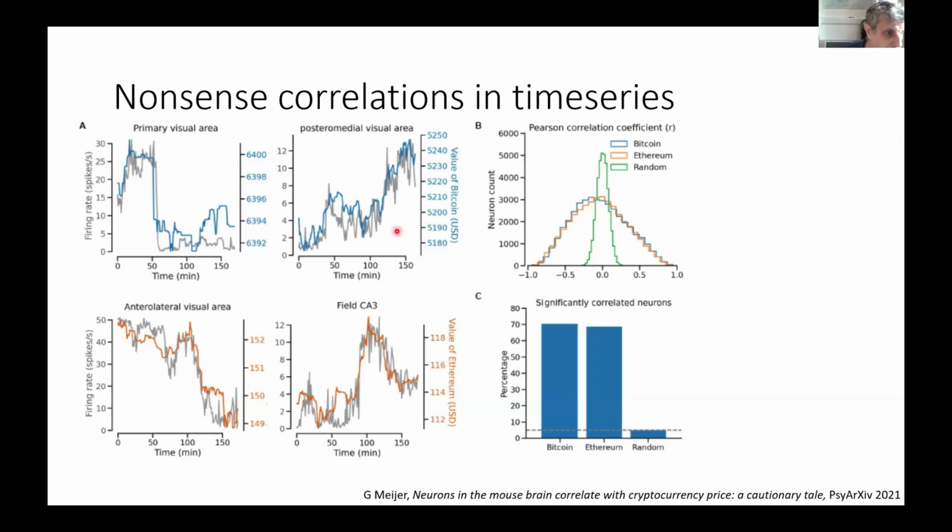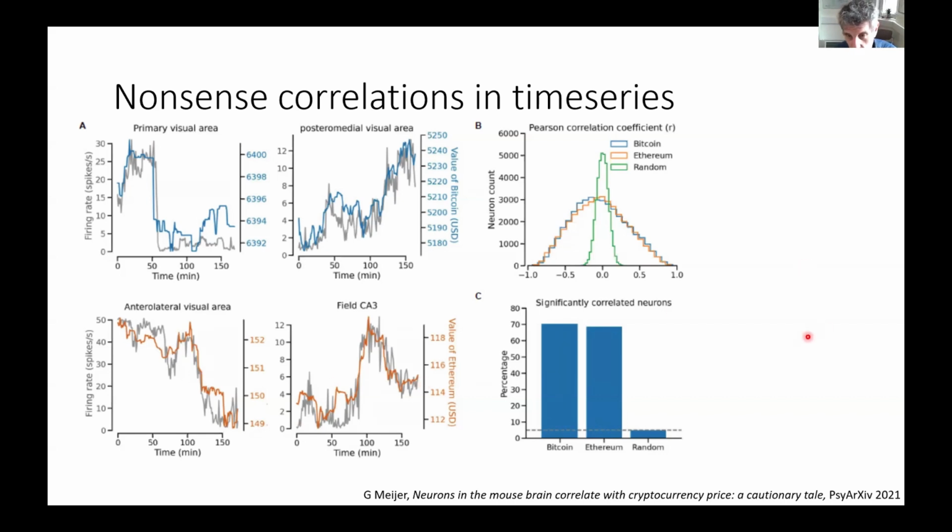What he did is he took data from the International Brain Lab, from the neurons recorded simultaneously in visual cortex, posterior medial visual cortex, anterolateral visual cortex, and hippocampal CA3, and used the neural population activity in those regions to predict the instantaneous value of Bitcoin and Ethereum, and found that if you take appropriate weights, you can very accurately decode the instantaneous price of these cryptocurrencies.